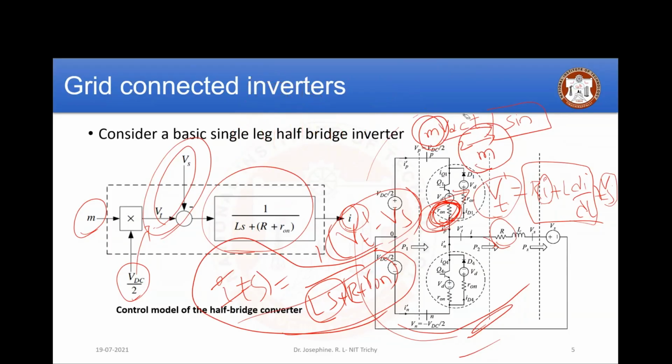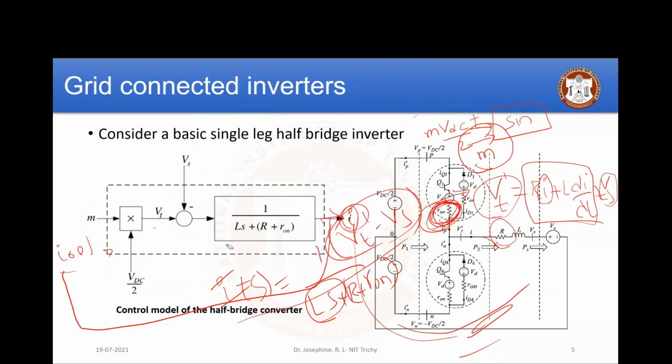So I don't bother about anything else. Whatever current I have, I'll take it as feedback, and whatever reference current I have, I'll choose that. Using that, I'll give it to a PI controller, and I will give the output to this modulation index.